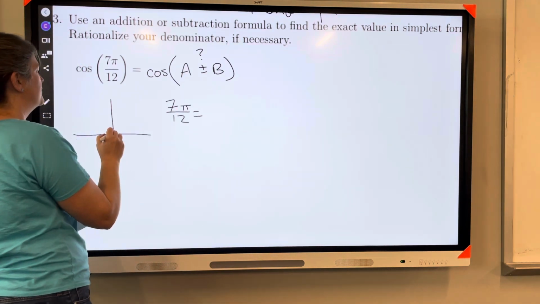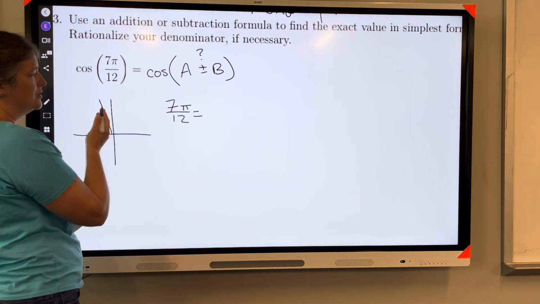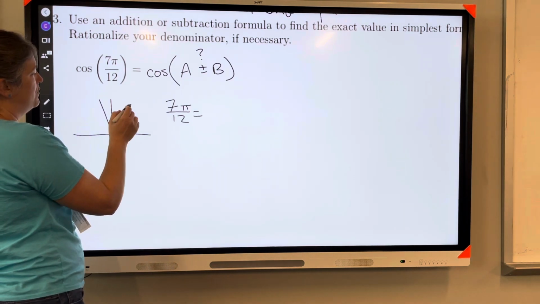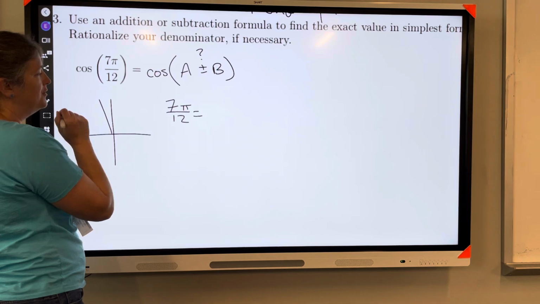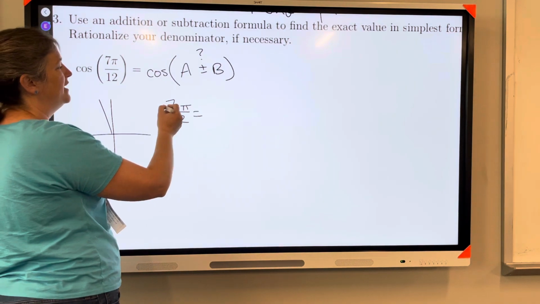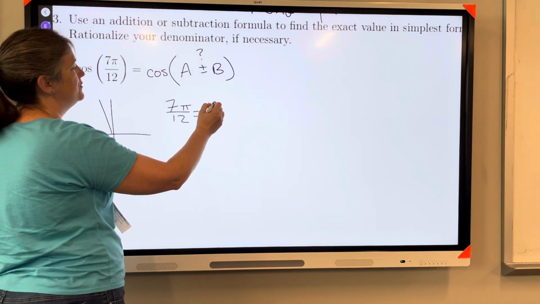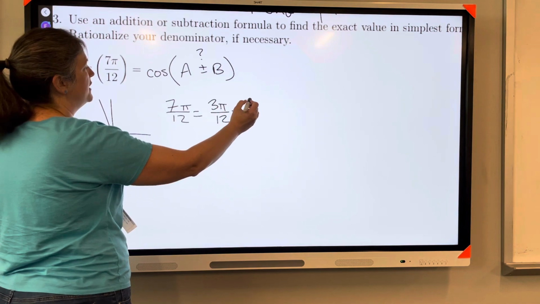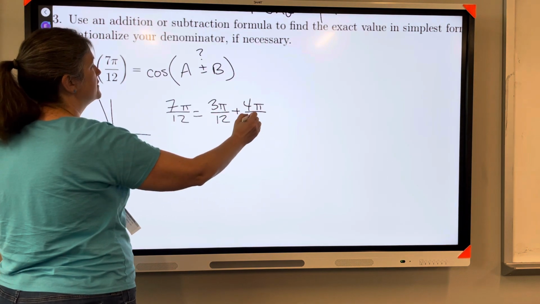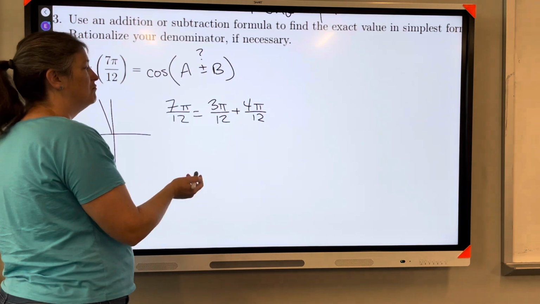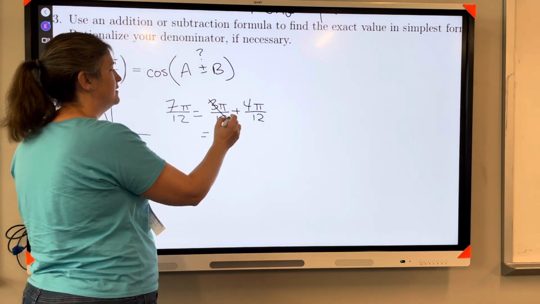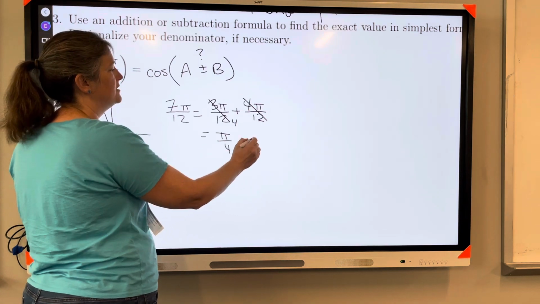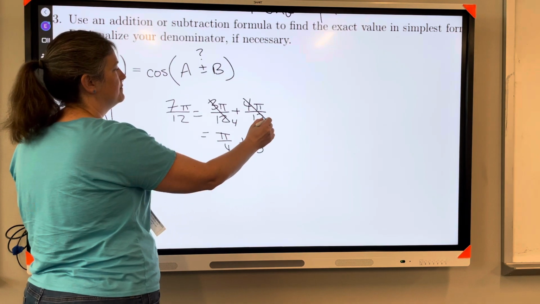Well, 7 pi over 12 is right here, just a little more than pi over 2, right? So I might be able to use these acute numbers. Well, if I break up the 7 into 3 pi over 12s plus 4 pi over 12s, well, that's just pi over 4, and that's just pi over 3.